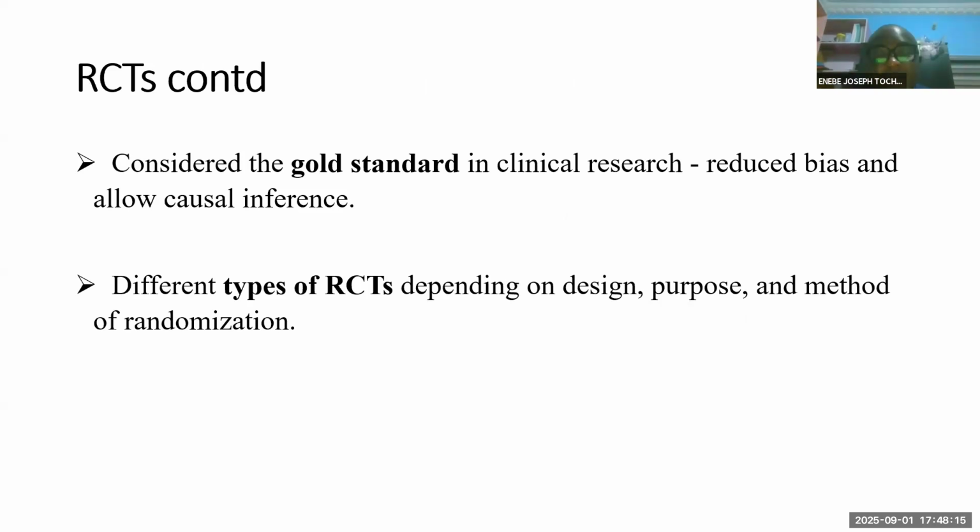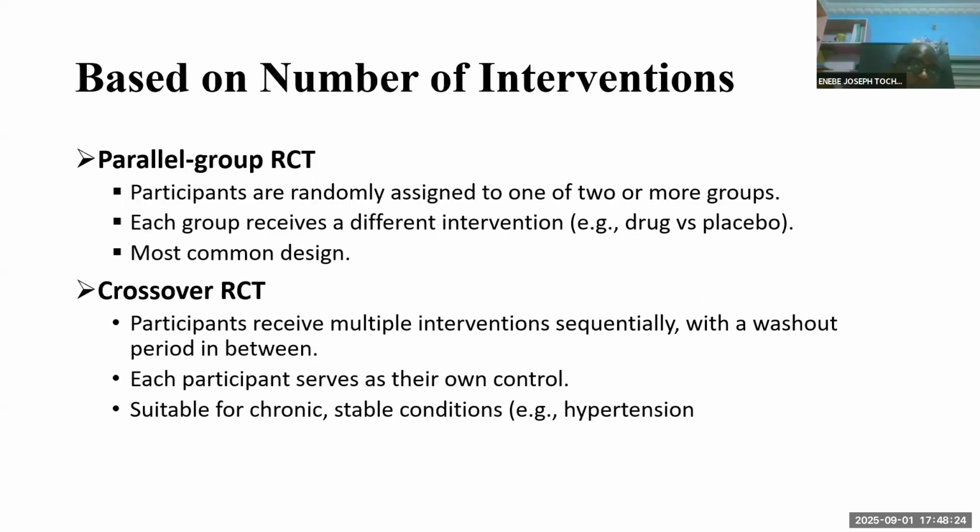Now, we have different types of randomization depending on the design, the purpose, and the method of randomization. And when you are writing your proposal, you are meant to tell the supervisor, this is the type of randomized control trial I'm doing, and this is the type of randomization I'm doing.